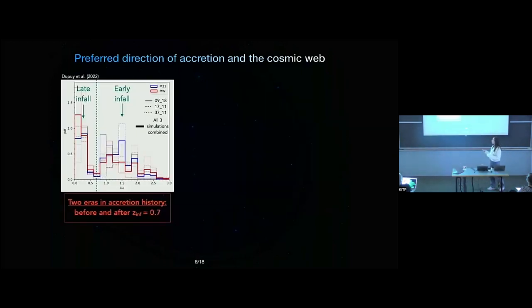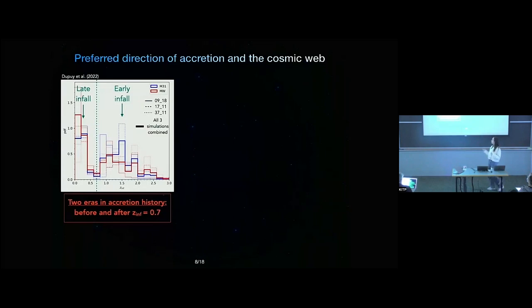And before we look at the redshift dependency, let's look at the distribution of the redshift at infall. The M31 subhalos are in blue and Milky Way subhalos are in red. Then these 3 solid, dotted and dashed lines correspond to the 3 simulations, and in bold, we combine all 3 simulations.